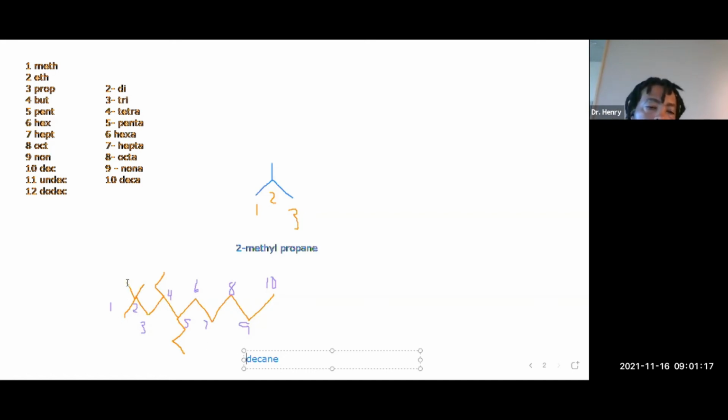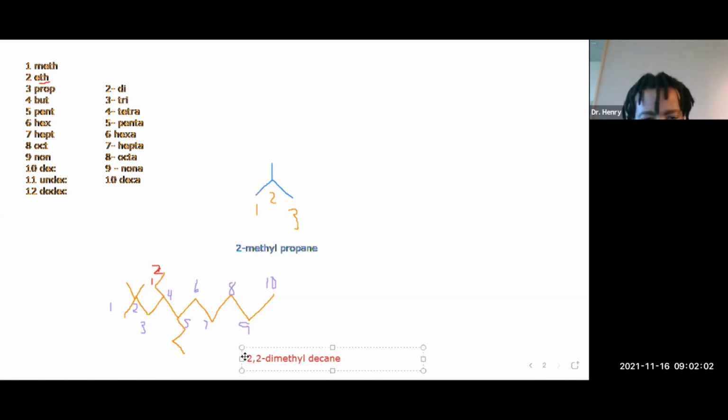Okay, so we have substituents on the second carbon. There's 2 methyls, so we put 2,2-dimethyl. Then there's a 2 carbon chain on the 4th carbon, so the prefix would be eth.